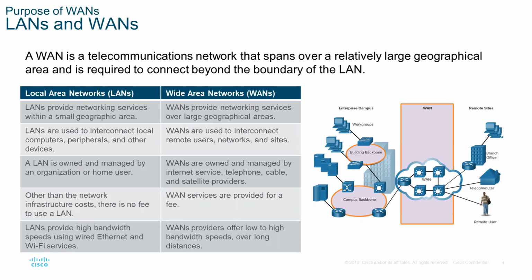So we need to interconnect remote users and networks and sites together into a common network that everybody can have access to. Pretty much like what we do in a local area network, allowing users to connect and have access to common resources and provide high-speed bandwidth.